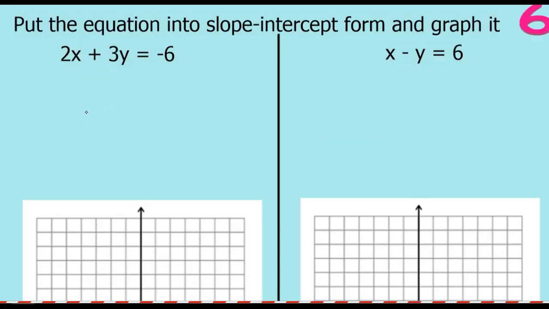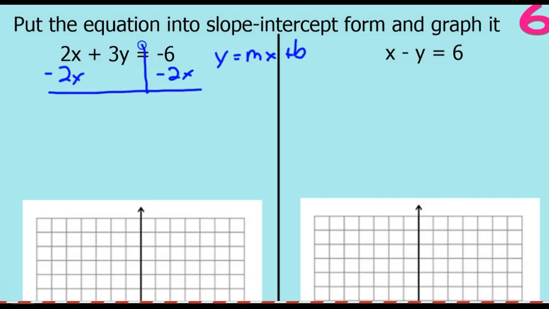These equations say put the equation in slope-intercept form and graph it. Slope-intercept form is y equals mx plus b. So I'm going to get my y all by itself. First thing we got to do is subtract 2x. Get 3y equals negative 2x minus 6.